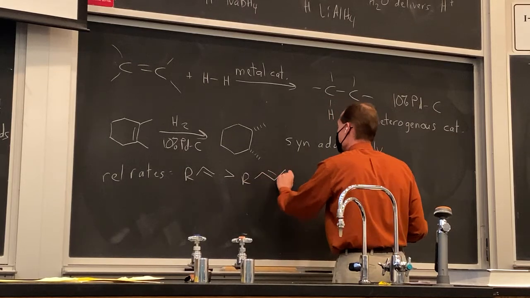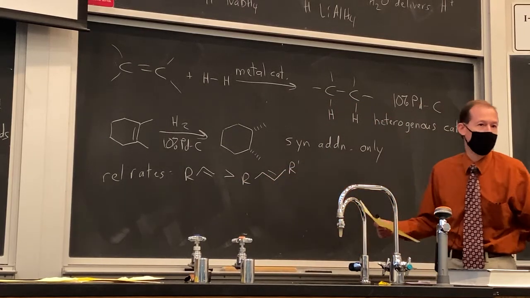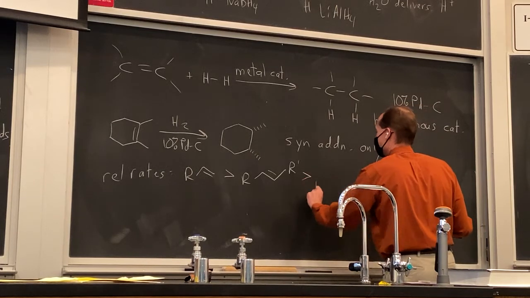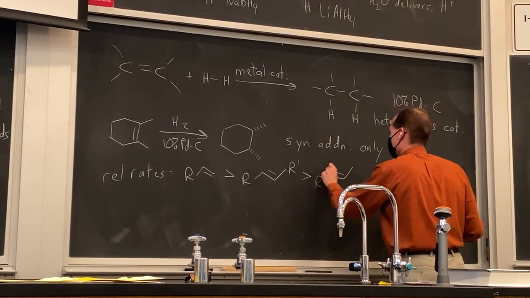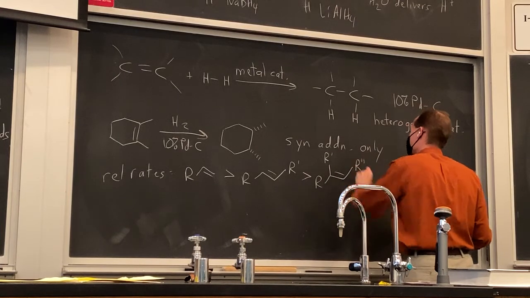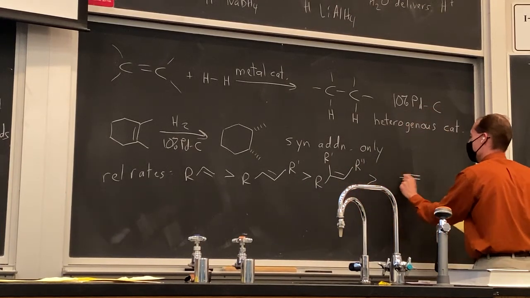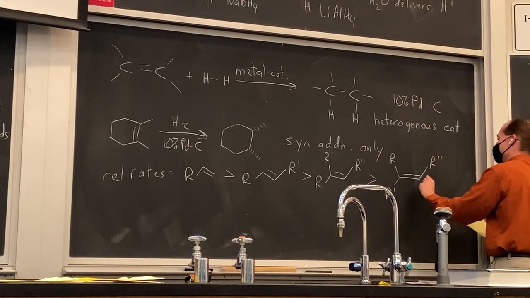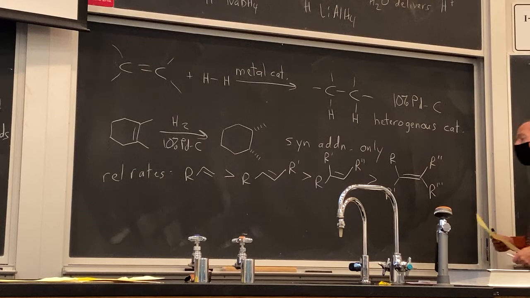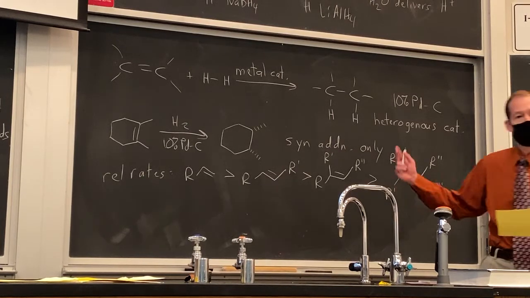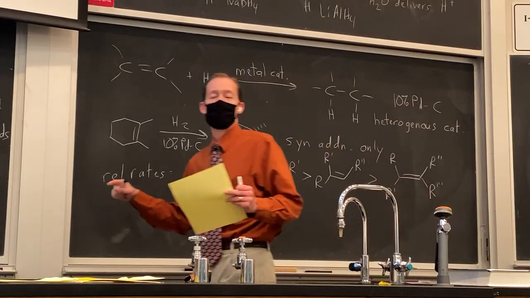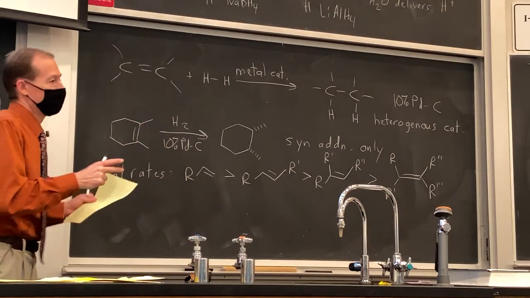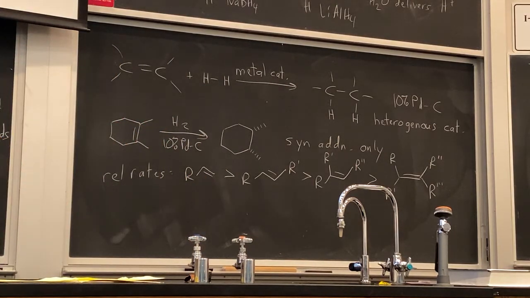A monosubstituted alkene is going to react faster than a disubstituted alkene, which in turn will react faster than a trisubstituted alkene. And then our most substituted, most hindered alkenes are the ones that are going to react the slowest. Okay? So we're going to propose a mechanism that's consistent with these data, with the syn addition, and with the fact that less substituted alkenes react faster.